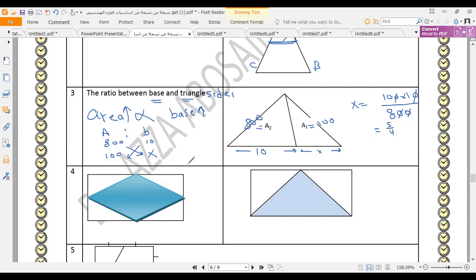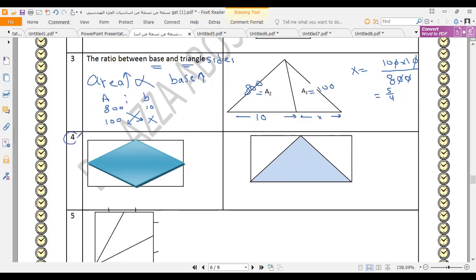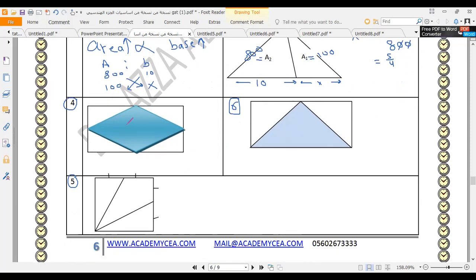Now, the most important points also are points 4, 5 and 6. In these three figures, the inner shape is always equal to half of the outer shape in area. So this is your rhombus. If I have a rhombus drawn inside a rectangle, or a triangle drawn inside a rectangle, always you have to know the area. Please write with me: the area of the rhombus will be half of the area of the rectangle.